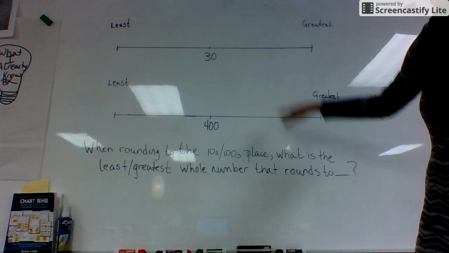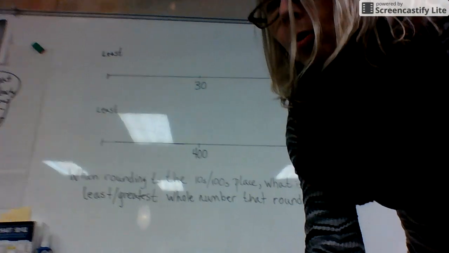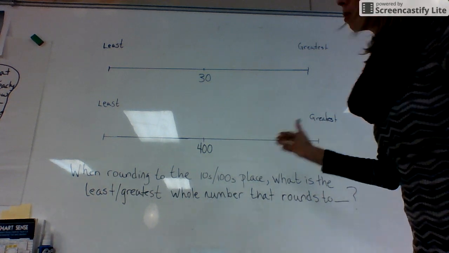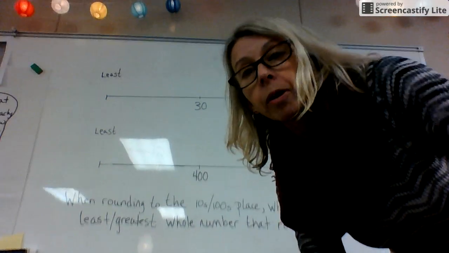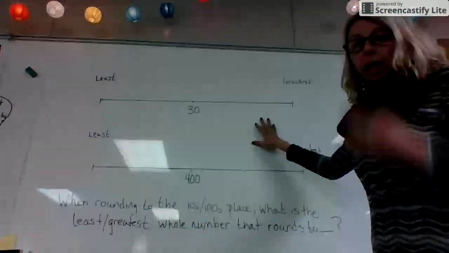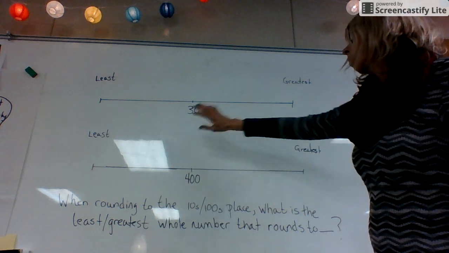For example, what we do to teach the students how to answer these types of questions, and just think about the range of numbers that would round to a certain number when rounding to a tens place, is we use a number line. In this situation, we put the number that we're rounding to right in the middle.